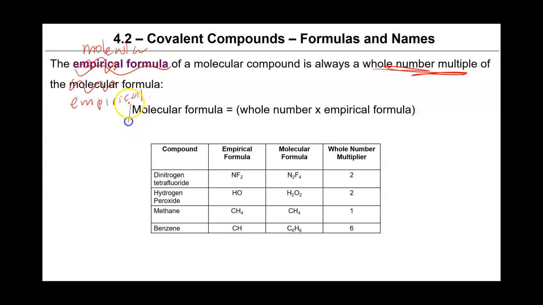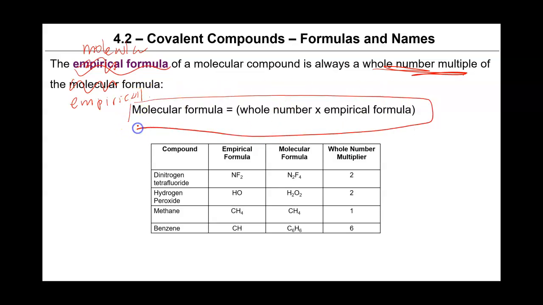And the equation down here expresses that correctly. The molecular formula is always equal to a whole number times the empirical formula. So you can see that here we have dinitrogen tetrafluoride. This would be the molecular formula. This would be the empirical formula. And you can see if we take the empirical formula and times it by 2, we get the molecular formula.